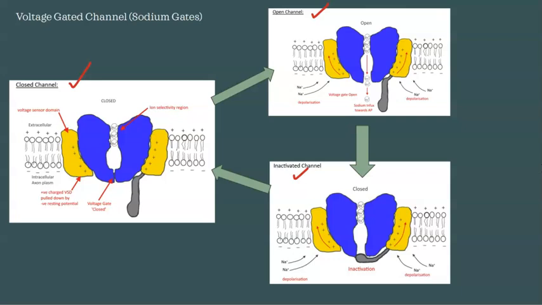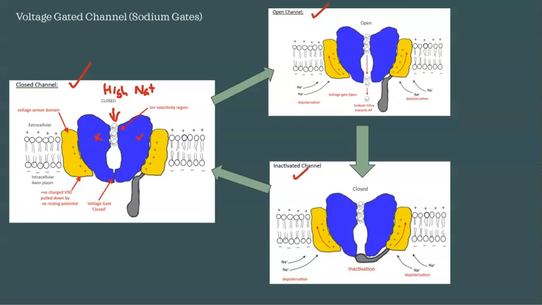Now, within the sodium channel, there are different parts to the protein. There's the central part here drawn in blue, which contains the actual pore. And here are the sodium ions, and they're trying to flow in. Remember, there's a high concentration of sodium outside of the cell.